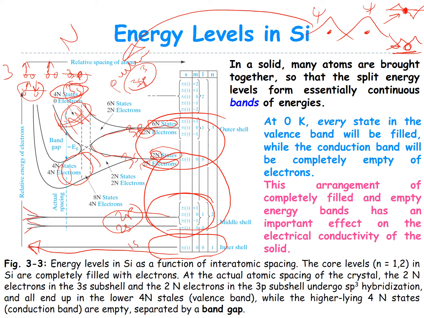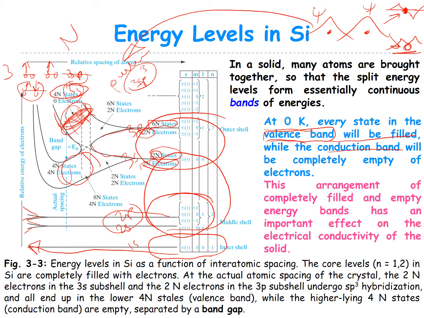At 0 kelvins, every state in the valence band, the bonding state, will be filled. We call it the valence band because this is where we have the covalent bond, so to speak. While the conduction band, this band here, the anti-bonding, will be completely empty.